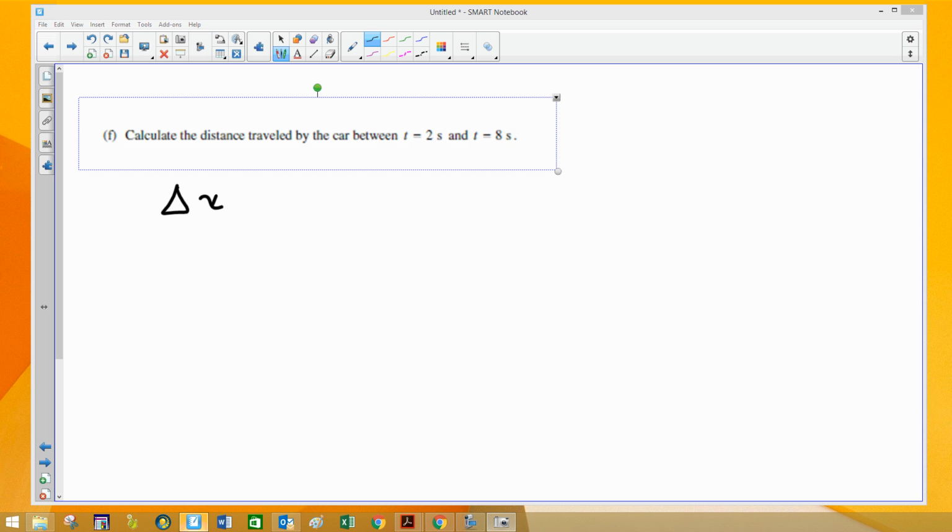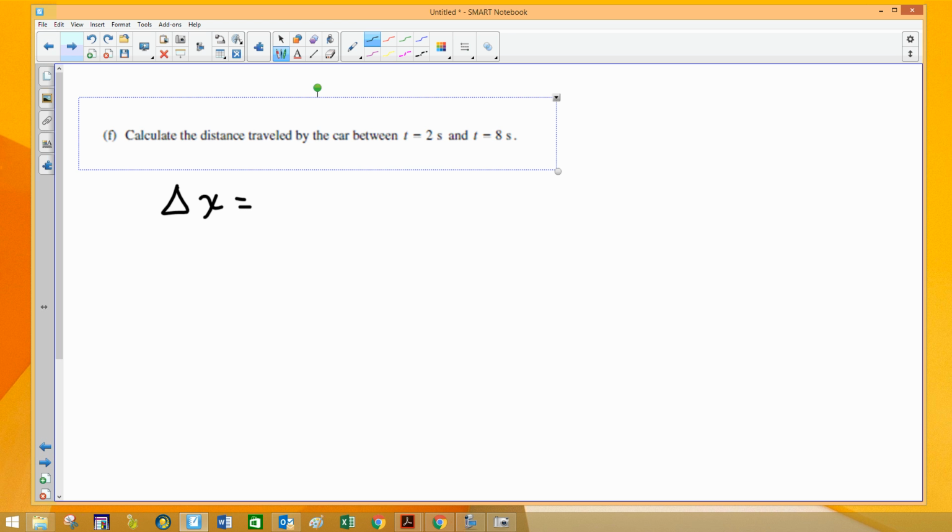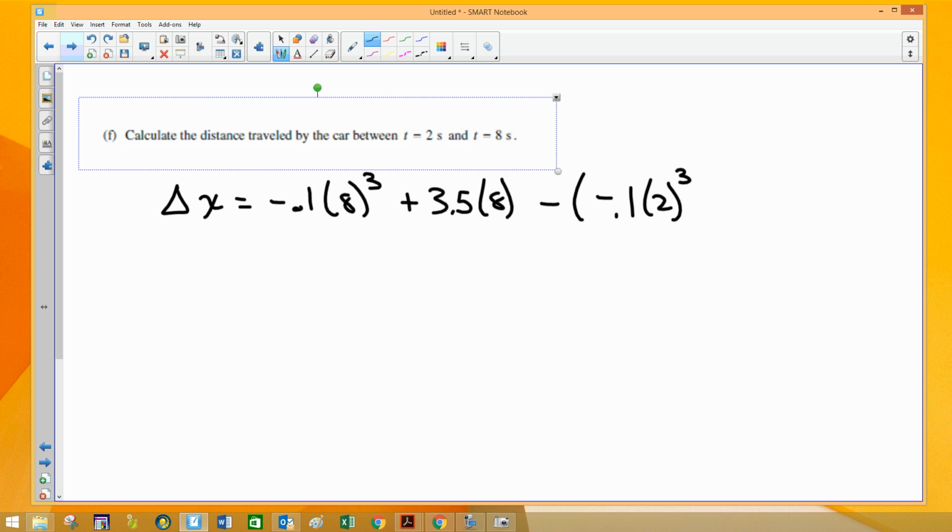So the change in position for x is going to be, time is 8, so negative 0.1 times 8 cubed plus 3.5 times 8 squared, minus negative 0.1 times 2 cubed plus 3.5 times 2 squared.